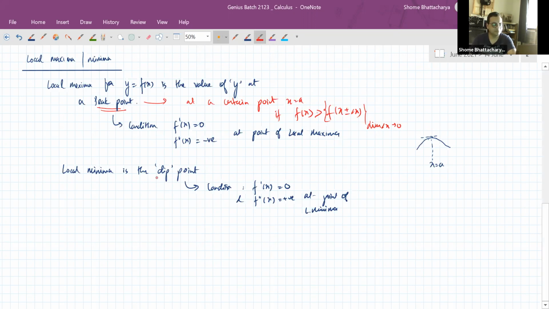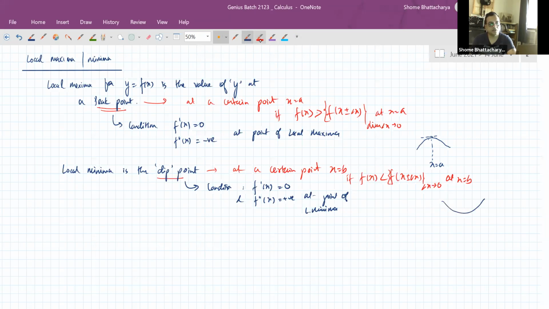Similarly, what do we mean by the dip point? Suppose this is happening at a certain point, x equal to b. So that happens if f of x is less than the values around it. That means the graph of the function at the point B is reaching this kind of a situation.